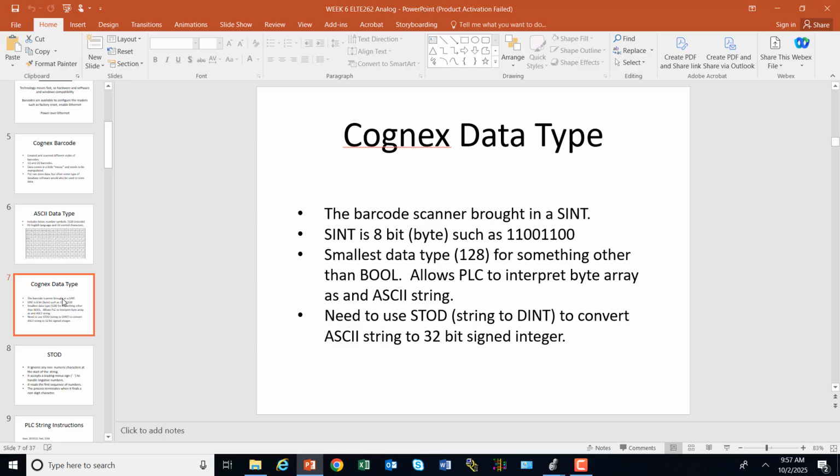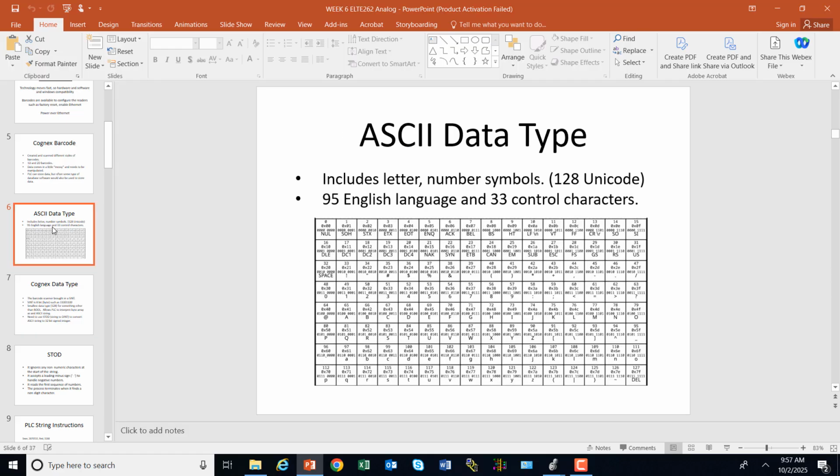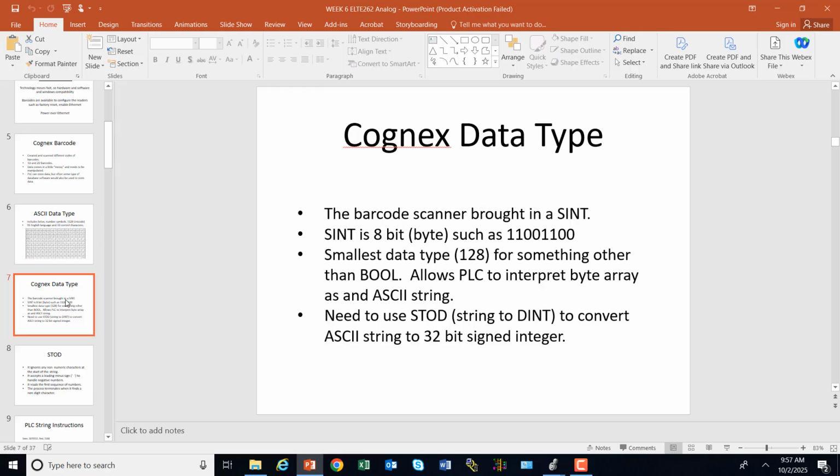You set it up so the barcode would bring in an SINT, such as 11001100, because that's the smallest data type, 128, for something other than a bool, and that's what this ASCII is set up for: 0 to 127, 128 different combinations, right?